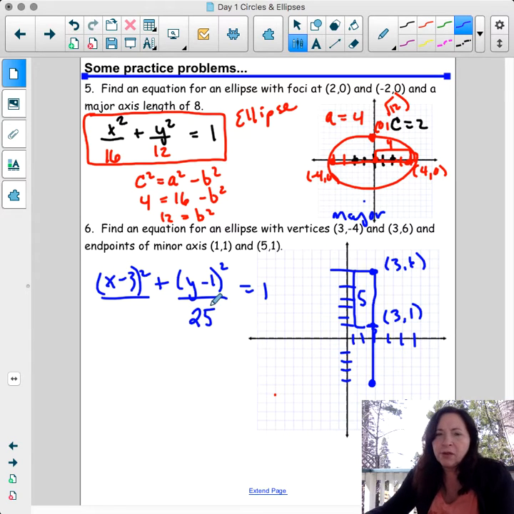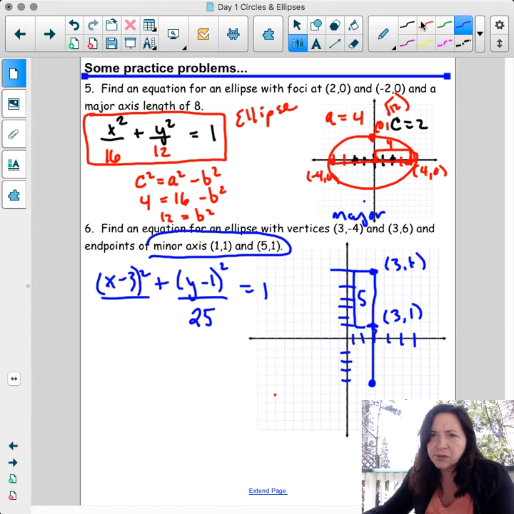Now, we also know that the minor axis endpoints are right here. So let's graph that. So the minor axis points are 1, 1, and 5, 1. So this was 3, 4, 5, 1. So that's 5, 1. So that's my minor axis. So my ellipse kind of comes up and goes down like this, okay?